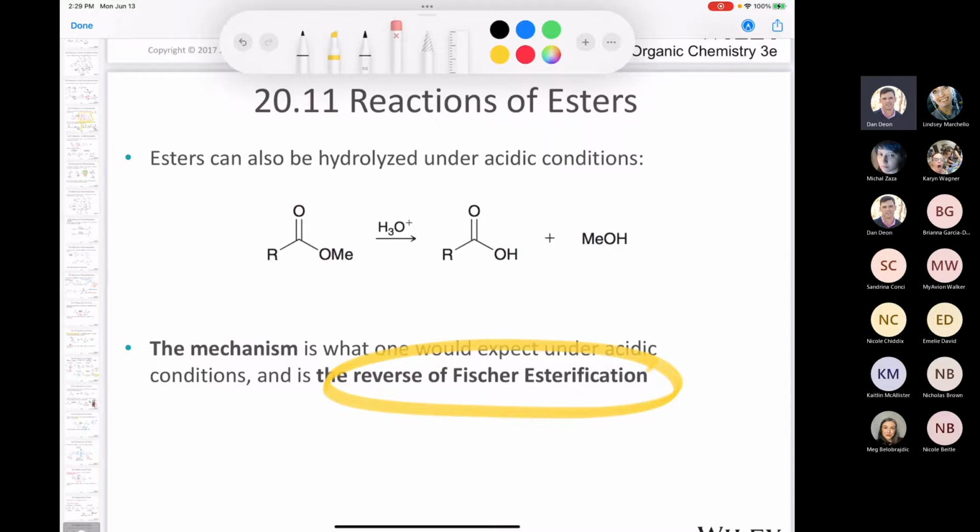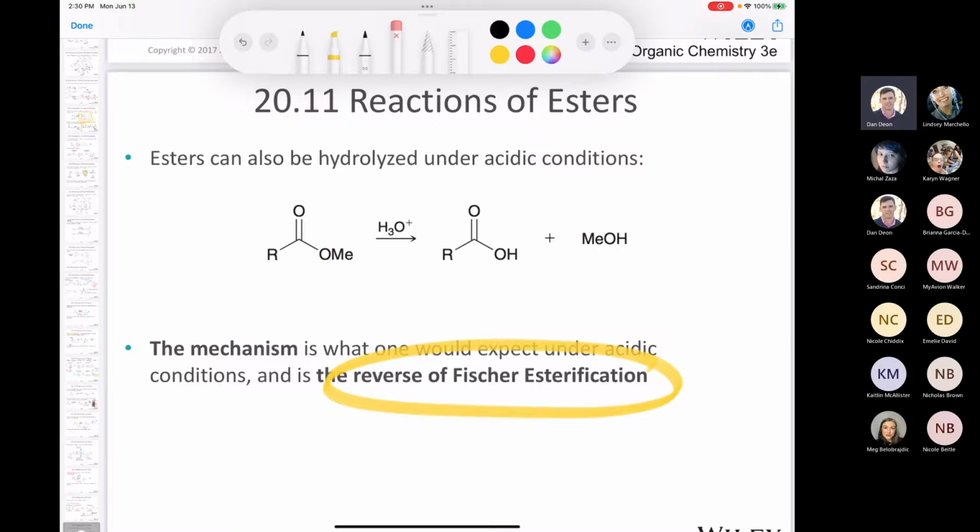That's all we're doing. If you understood the formation of the ester in acid, the Fischer esterification, then you're going to understand the mechanism of the hydrolysis in acid, because it's the exact reverse of the mechanism. It's the same thing, just in reverse, which is based off of something called the principle of microscopic reversibility.